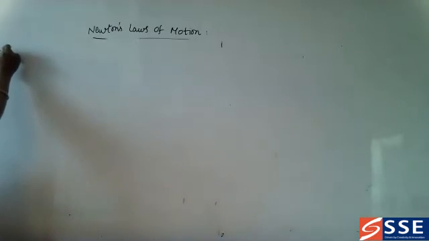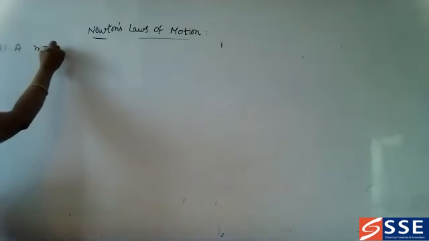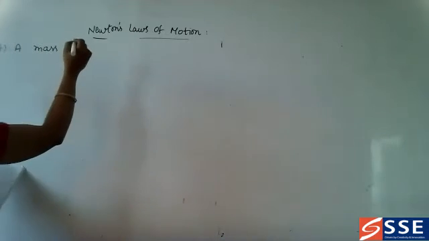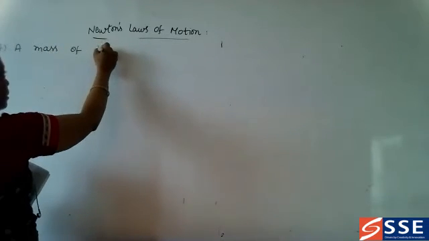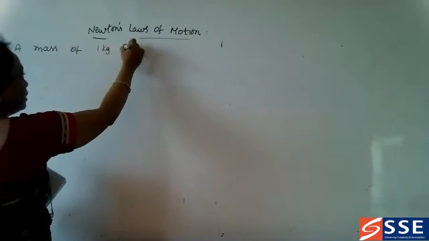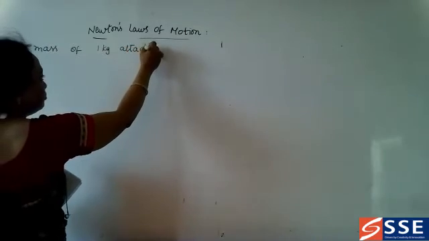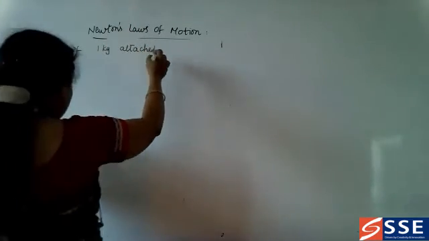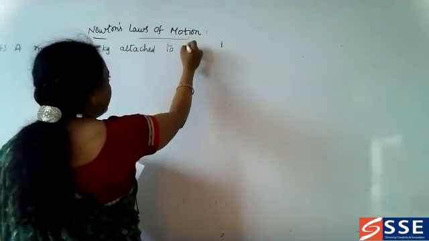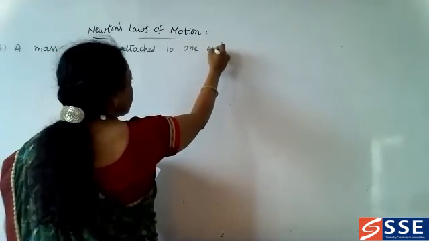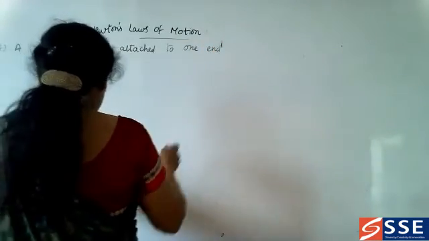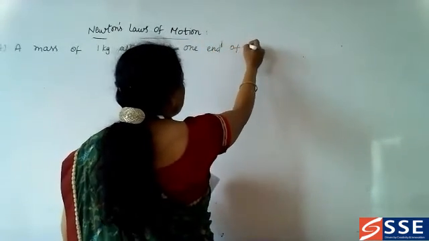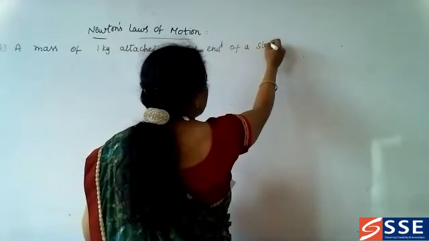Seventh problem. A mass of 1 kg attached to one end of a string.